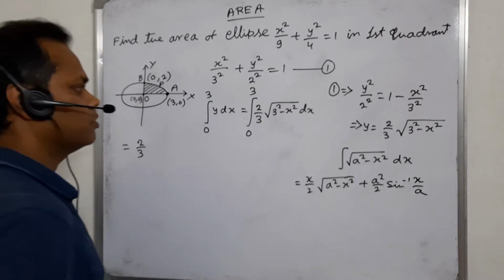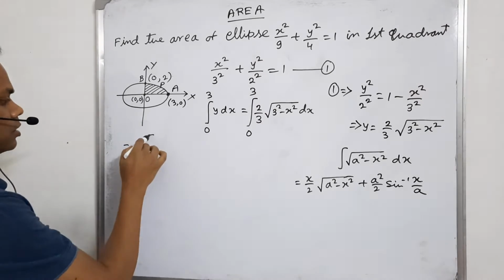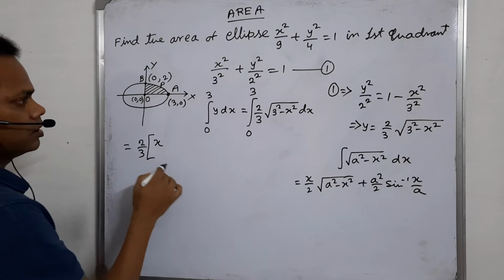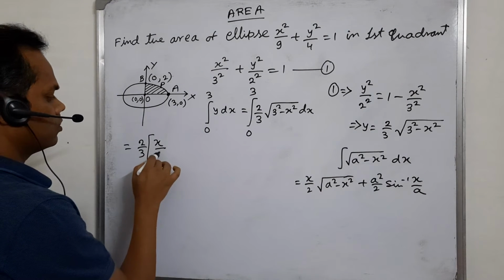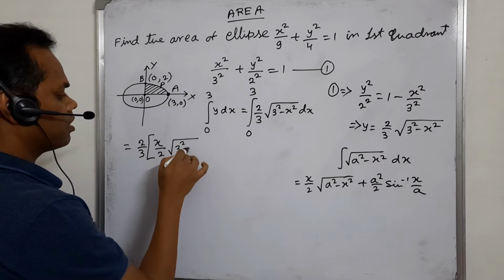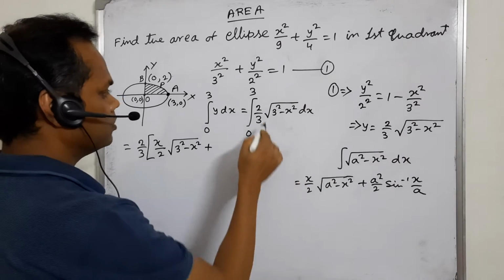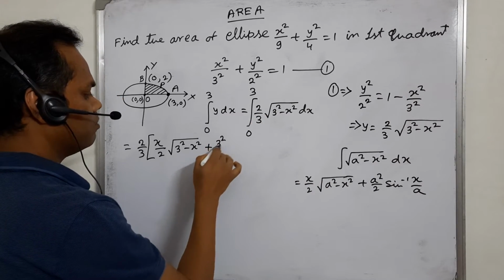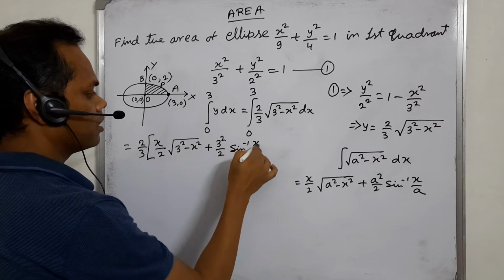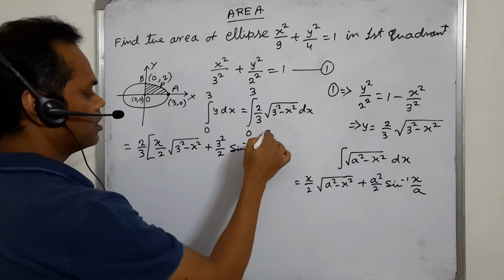By using this formula, here a is 3, so the integration is x by 2 square root of 3 square minus x square plus 3 square by 2 sine inverse x by 3 in the interval 0 to 3.